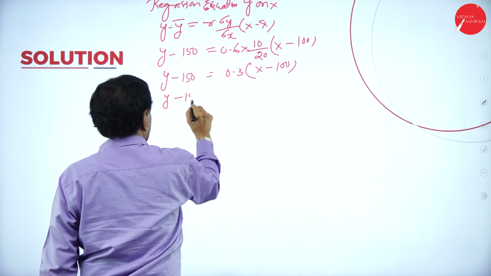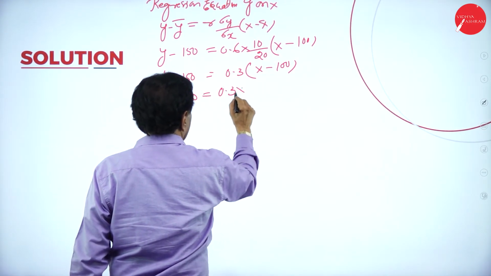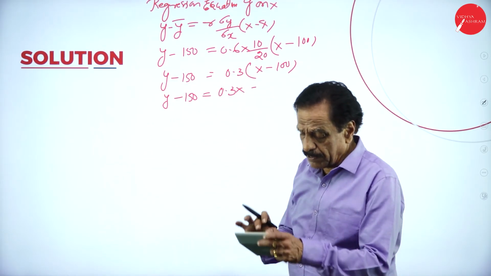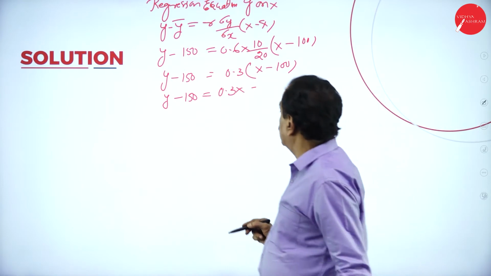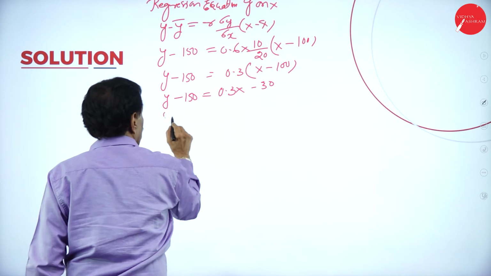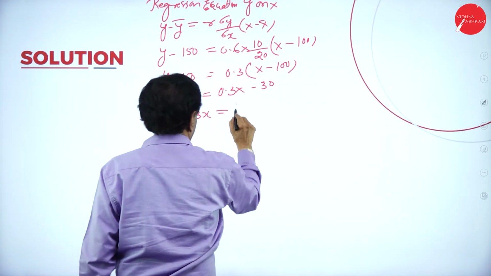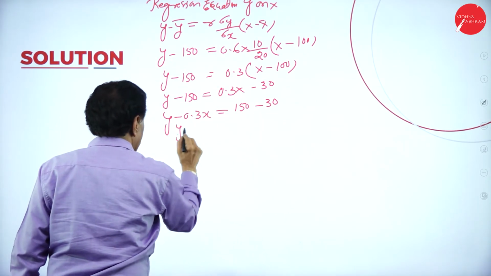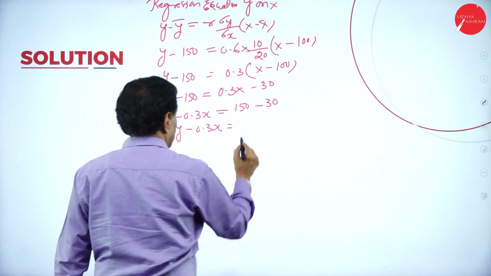Y minus 150, 0.3 into x is 0.3x, 0.3 into 100 is 30. You take the 30 and x this side: y minus 0.3x equals 150 minus 30, which is 120.